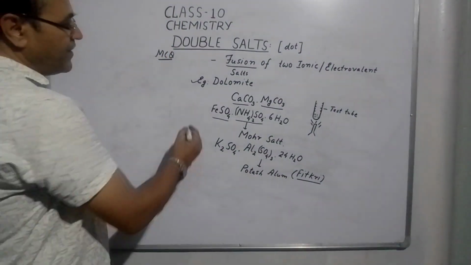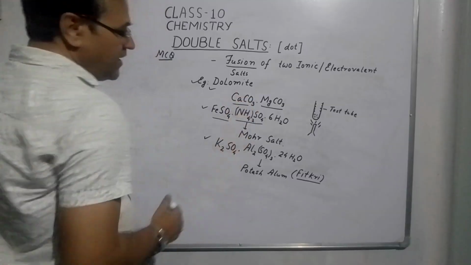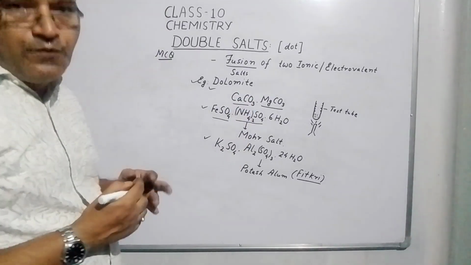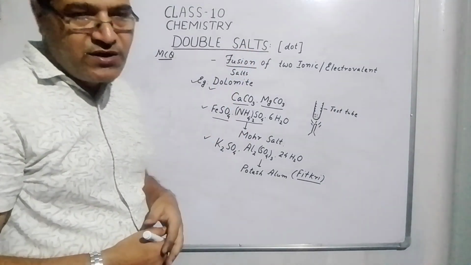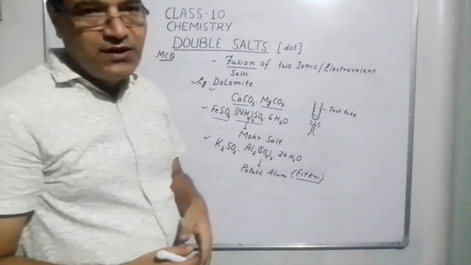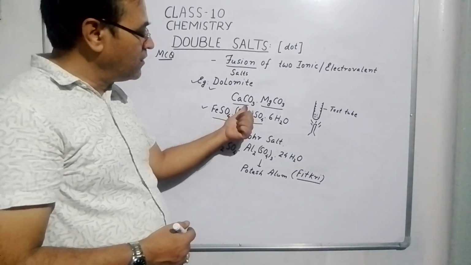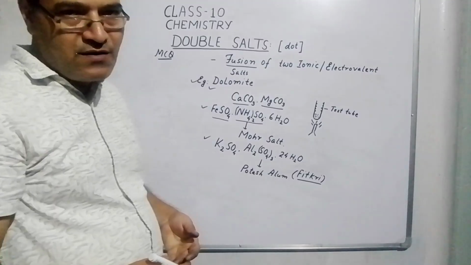So that is your 3 very important ones: 1, 2, 3. If you remember this one, and in exam also they may give you: what do you understand by the term double salt? Give one example. It is nothing but fusion of 2 ionic or electrovalent salts. And these are what? Normal salts. These are the normal salts only.